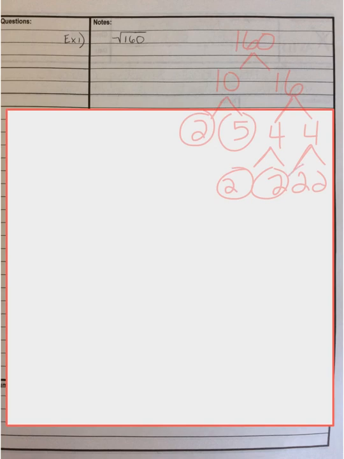And 2 times 2 gives me 4. And so if you were to type in your calculator, everything that we circled here are prime numbers. 2 times 2 times 2 times 2 times 2, times 5, you would get 160. So everything we circled there, we're breaking it down to a prime factorization.